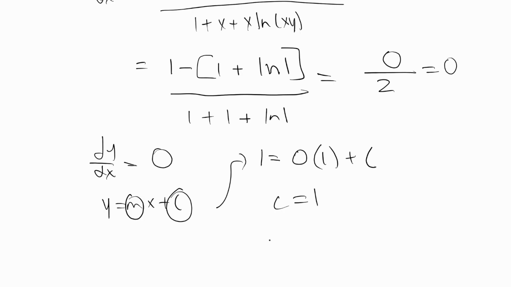So the value for the tangent is y is equal to 1. That is the equation of the tangent, because we're just substituting all the values we know. So y is equal to 1.